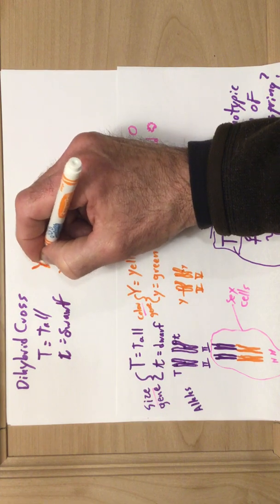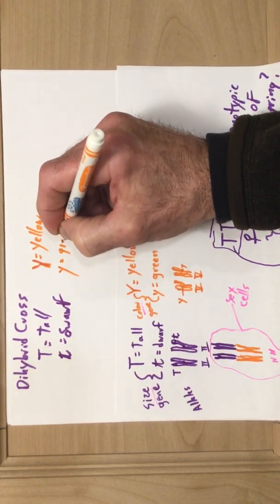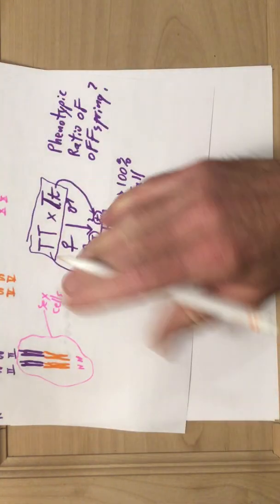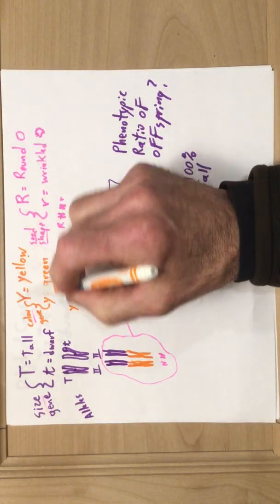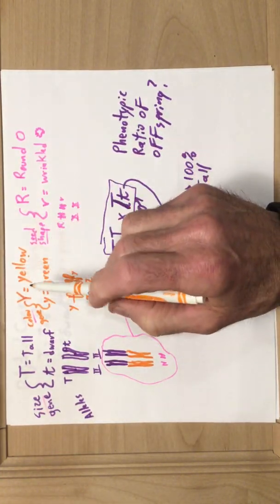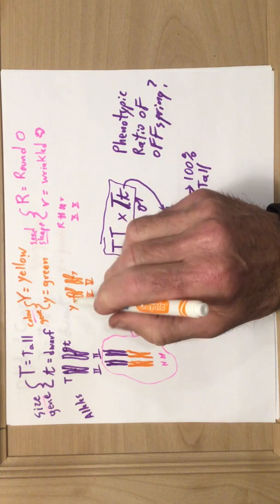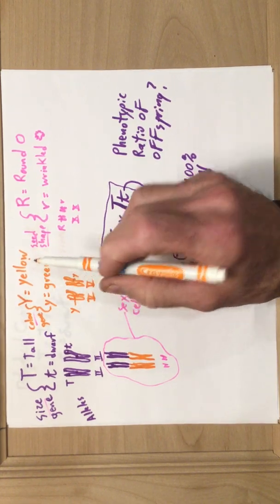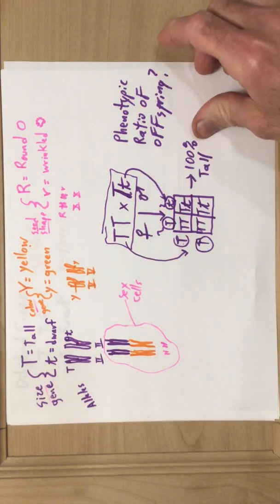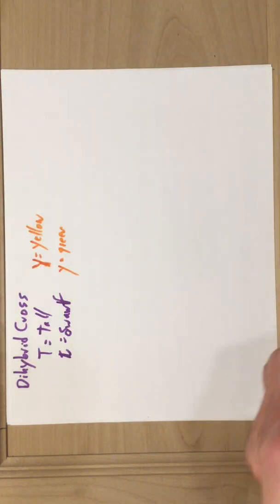The dominant yellow. And this is green. Okay? So in other words, big Y is the yellow allele. Little y is the green allele. All right? So we're going to look at these simultaneously in one cross.